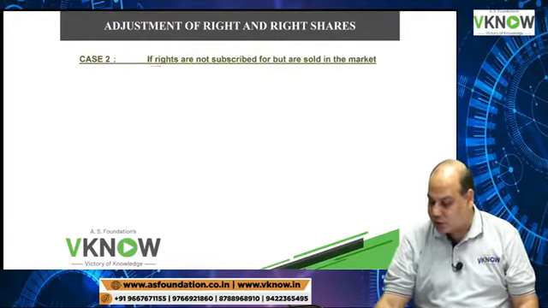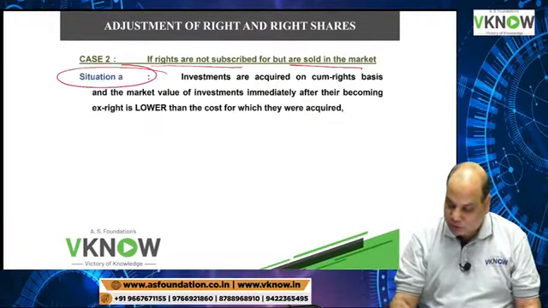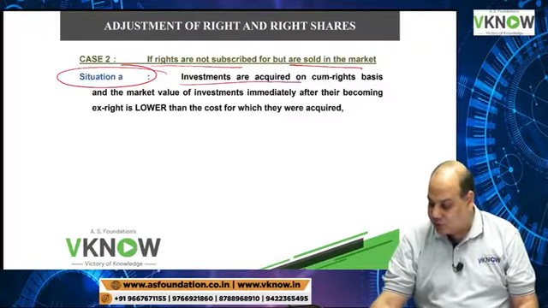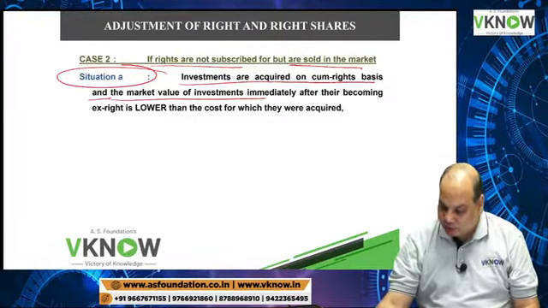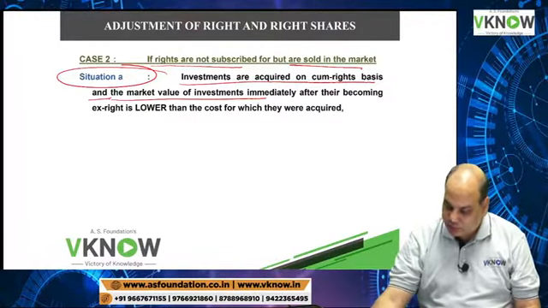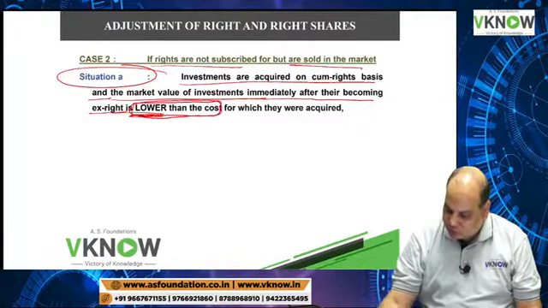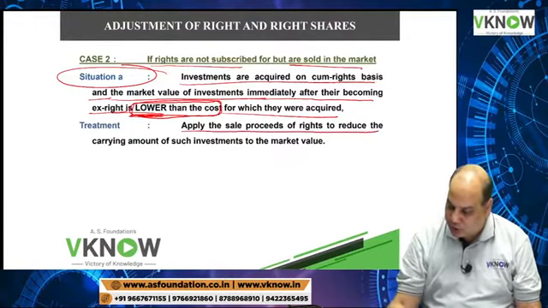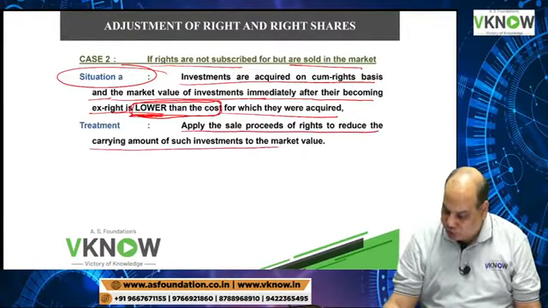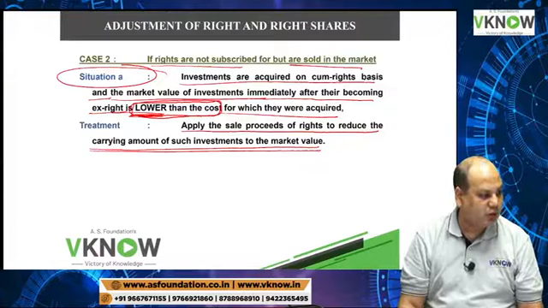When the rights are not subscribed but rights are sold in the market, then situation A: if investments were acquired on cum-right basis and the market value of investment immediately after their becoming ex-right is lower than the cost for which they were acquired, then sale proceed of right will be used to reduce the carrying amount of such investment to the market value.